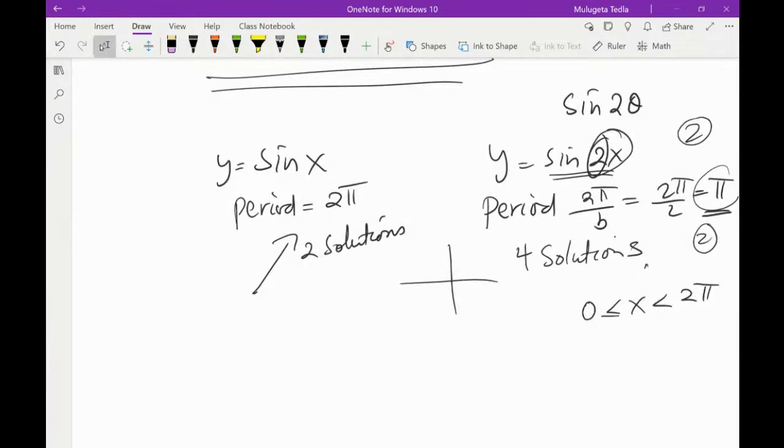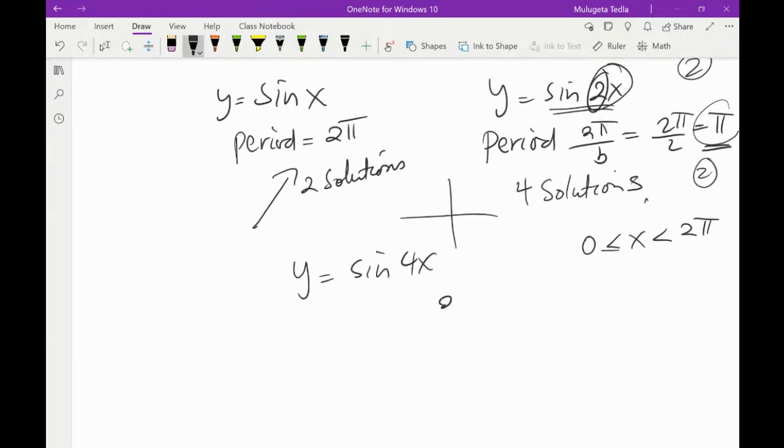Say, for example, what is the period of the function y equal to sine of 4x? The period for this is 2 pi divided by 4, which is pi by 2. So the sine function is completely described from 0 up to pi by 2.